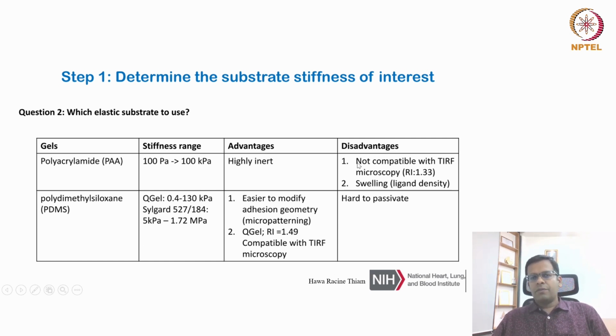The disadvantage of polyacrylamide is that it is not compatible with TIRF because the refractive index is 1.33. Most of the time this kind of assay needs TIRF illumination, and for TIRF illumination the refractive index matters a lot, and that's why polyacrylamide is not a TIRF compatible material. And PDMS is hard to passivate.